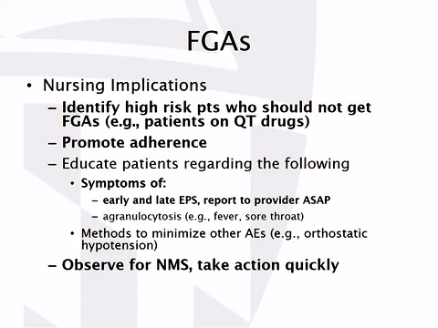For example, if you've got a patient who is on other QT prolonging drugs and you're about to give them haloperidol, that's something that you might want to stop and discuss with the provider. If you go through the nursing implications at the end of this chapter in your textbook, you can see some other examples of high-risk patients that you would want to identify.